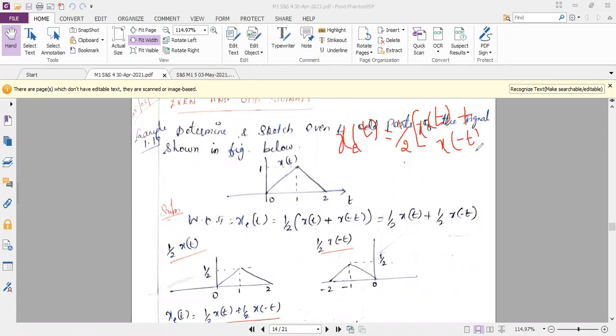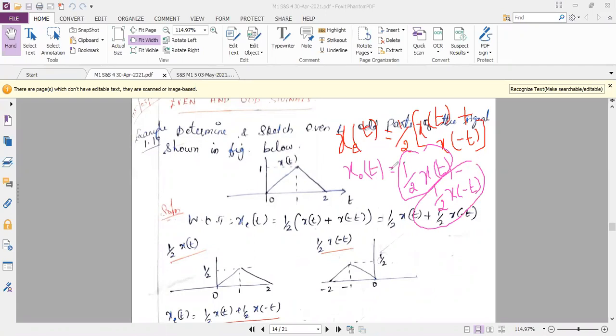And next, the odd part of the signal. Can anybody tell me what is the difference? Minus, very good. So x_o of t is equal to 1 by 2 x of t minus x of minus t. Let me take the 1 by 2 inside the bracket so that I can draw each term separately: 1 by 2 x of t separately and minus 1 by 2 x of minus t separately.